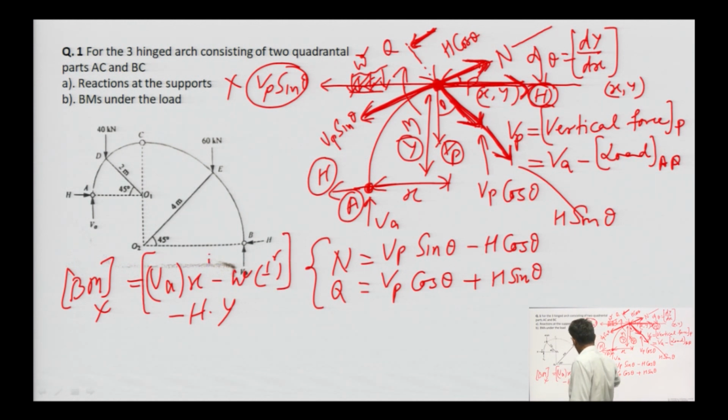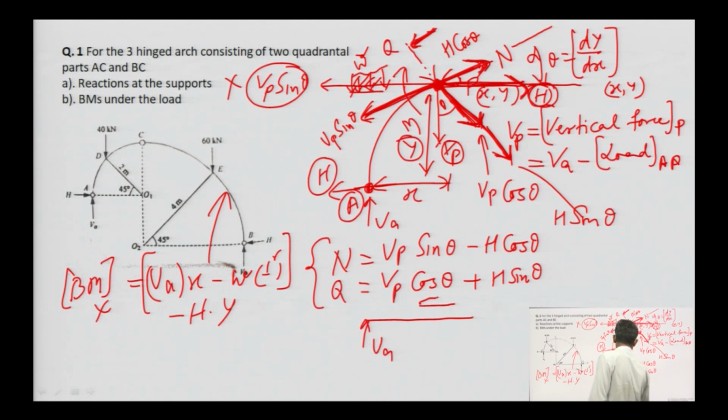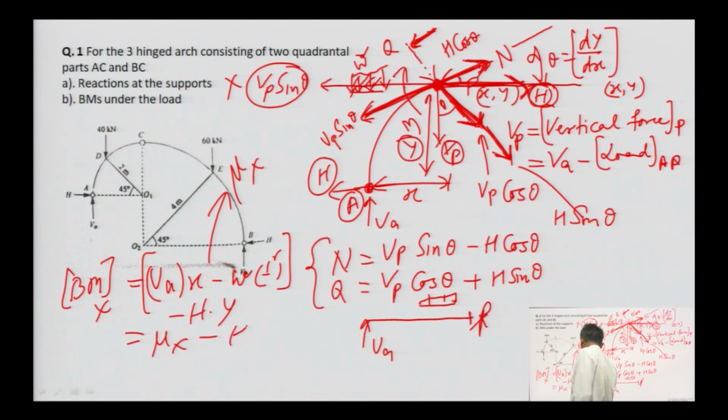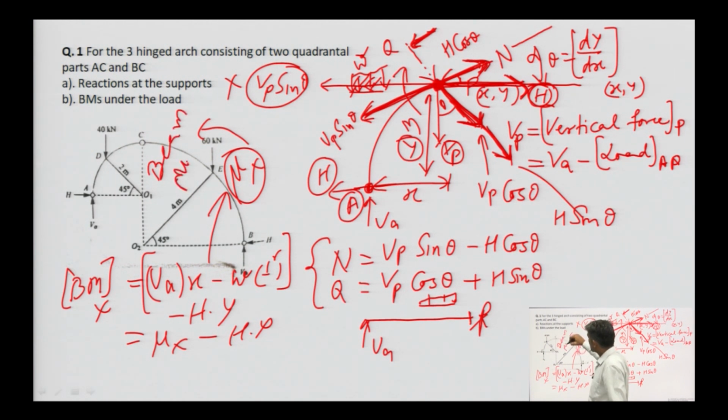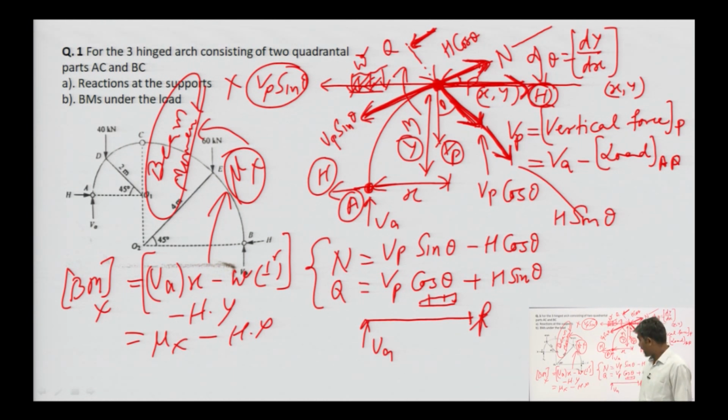This is point P. So, this part we are denoting by small mu x. So, bending moment is mu x minus H into y, and what is mu? Mu is the beam moment. This is called the beam moment, right.